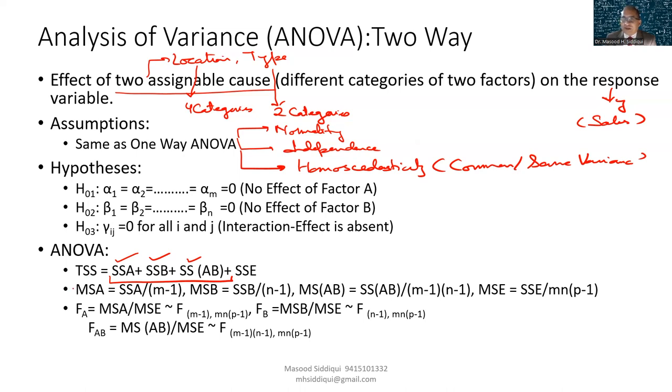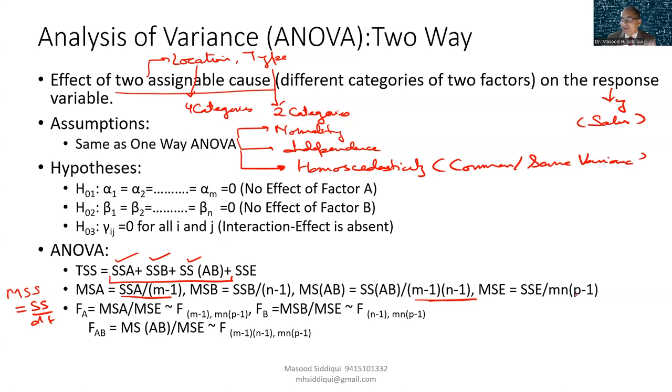And as we know, mean sum of square is always sum of squares divided by degrees of freedom. So here we have degrees of freedom, right? That is m minus 1, since A has m categories. B is n minus 1 because it has n categories. And m minus 1 into n minus 1 is the degrees of freedom for the interaction effect.